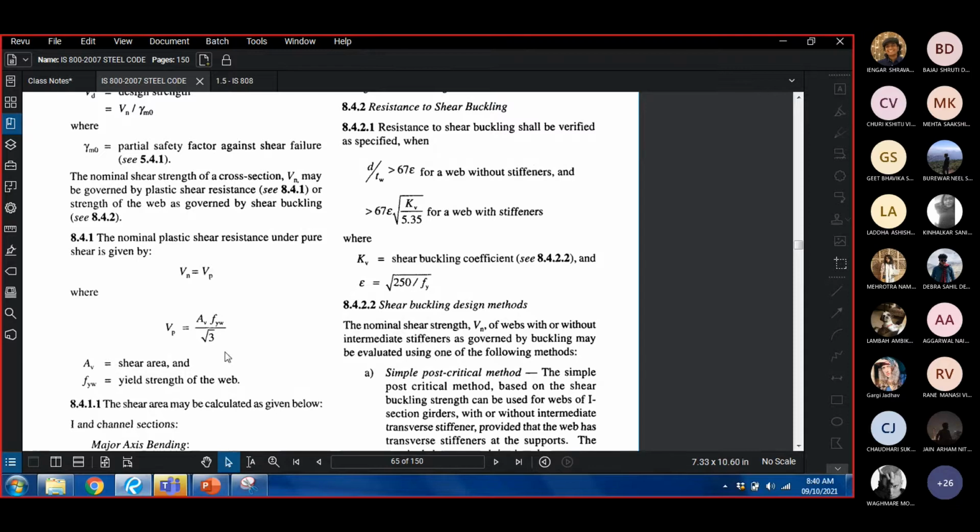Now, I think you already are aware that whenever shear strength is involved, we divide either our yield stress or our ultimate stress by root 3.